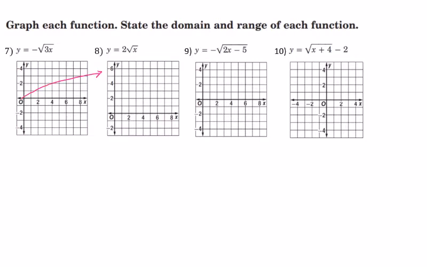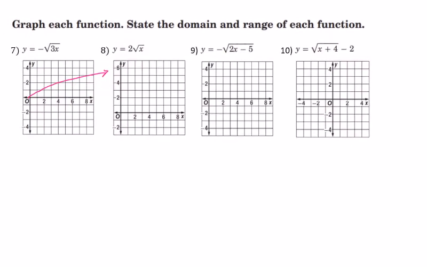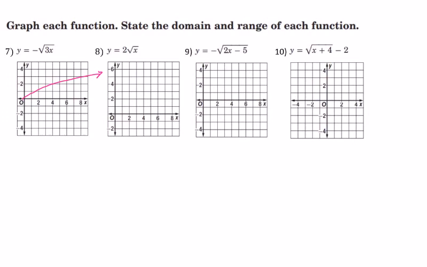So it's going to be something like this. Now that's not exactly it, so I'm not going to leave that there, because I want to evaluate this other transformation, okay? So here we have reflection across the x-axis, right?